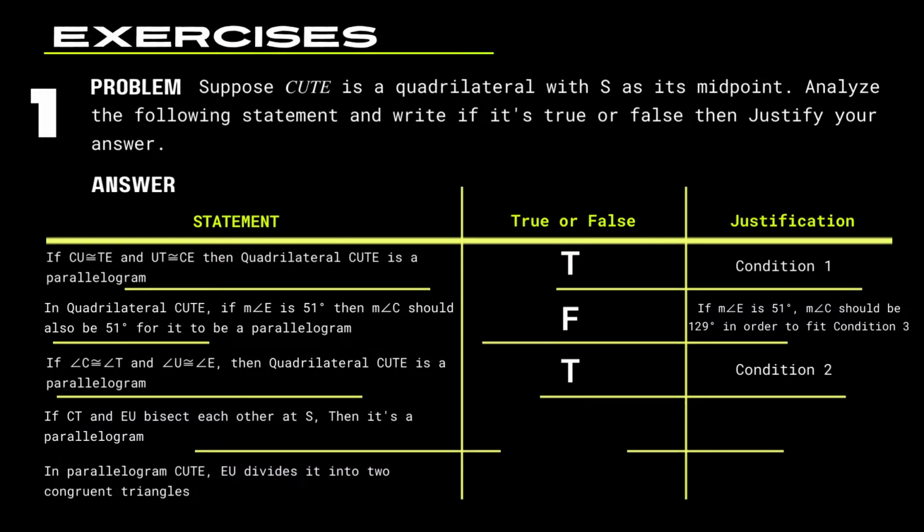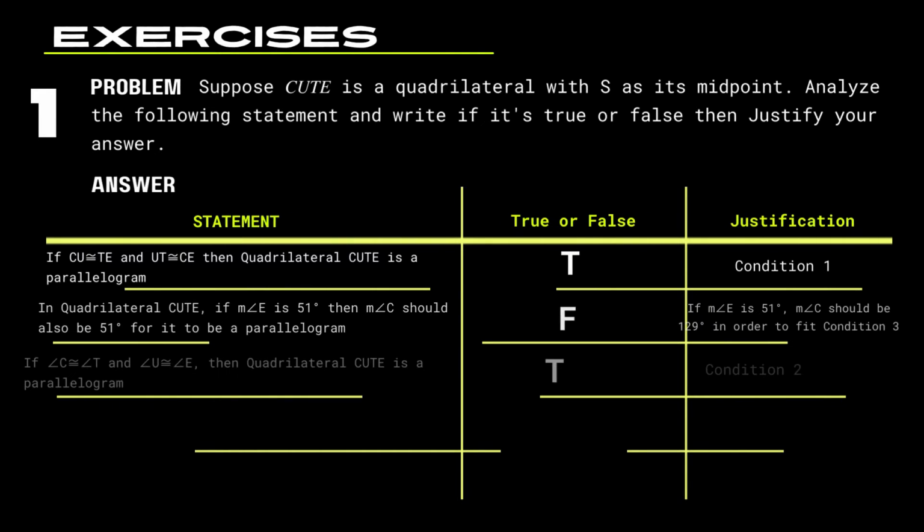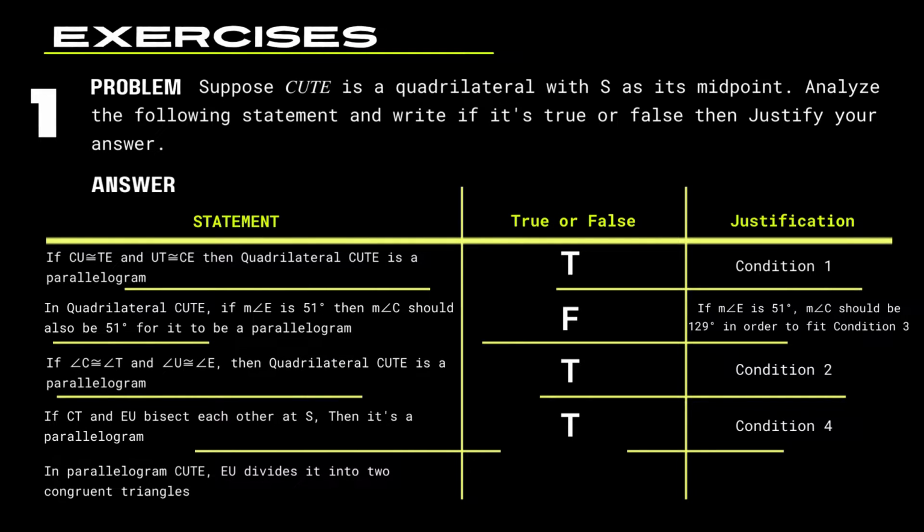Now, go back to this statement, analyze it, and think of condition 4. If we go back to condition 4, then statement 4 is true, with condition 4 for its justification, because it states a quadrilateral is a parallelogram if the diagonals bisect each other.